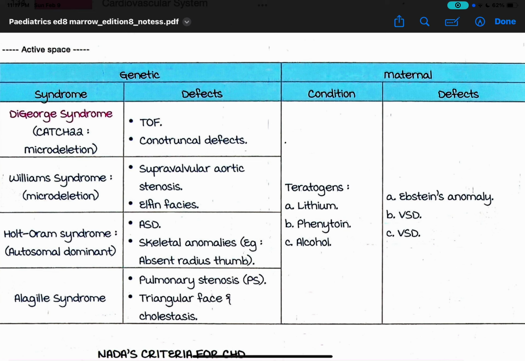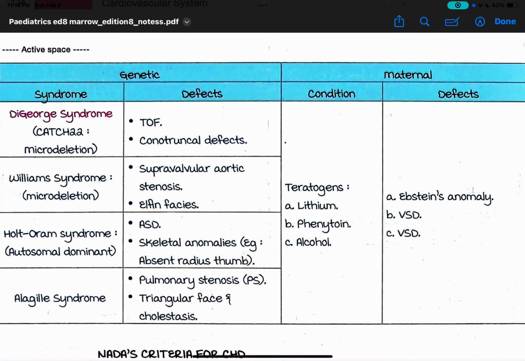You have supravalvular aortic stenosis and elfin facies. Holt-Oram syndrome, autosomal dominant, atrial septal defect, skeletal anomalies, for example absent radius, thumb. Alagille syndrome, pulmonary stenosis, triangular face, and cholestasis.